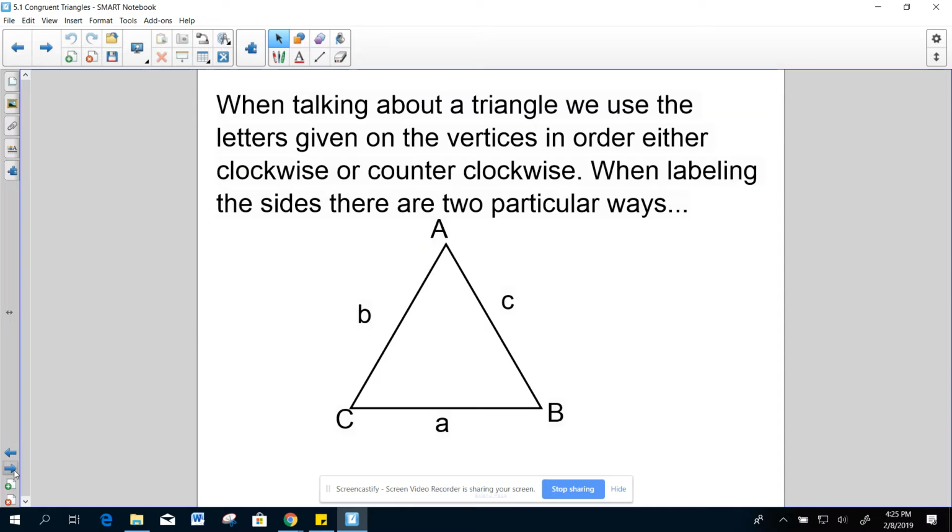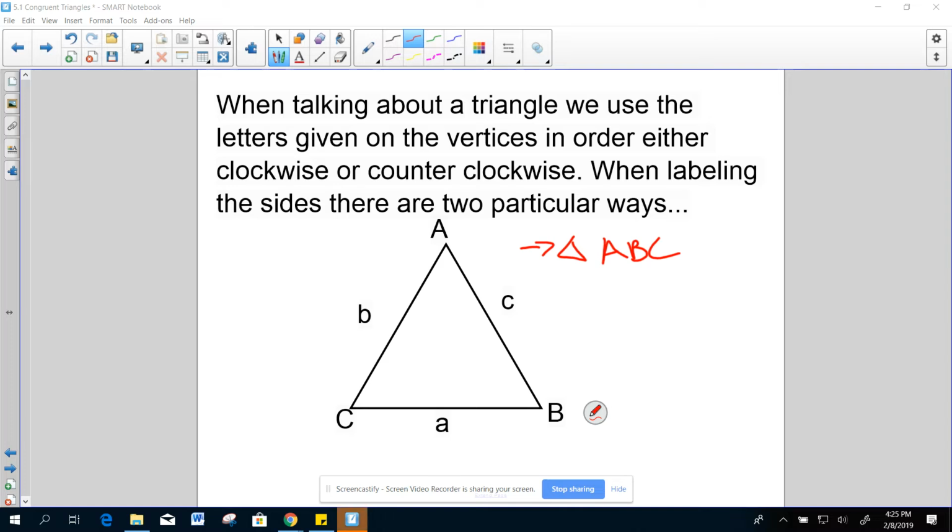When we talk about triangles, we like to use capital letters to represent the vertices. So this would be called triangle ABC. And notice that for the sides, there are a couple of different ways to do that. When I talk about triangle ABC, I can use the triangle symbol as shorthand.